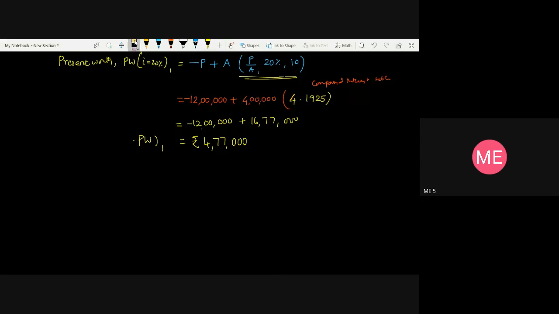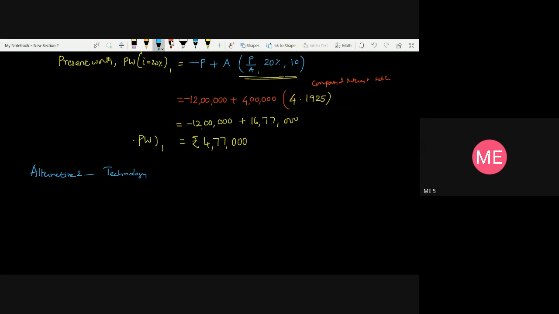Now we'll go for the second alternative, alternative 2, that is technology 2. What is mentioned is an initial outlay of 20 lakhs.